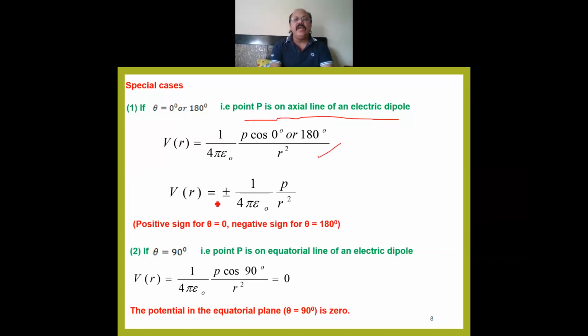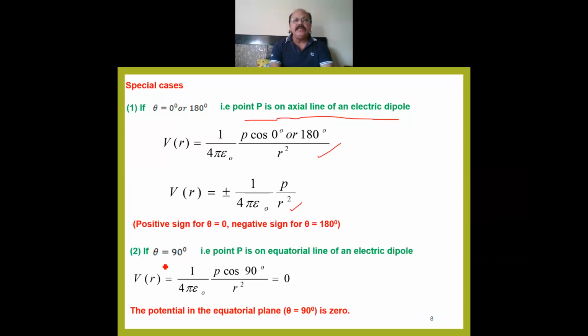Then V(r) equals plus minus 1 upon 4 pi epsilon naught p upon r square, because cos 0 is plus 1 and cos 180 is minus 1. So that's why we are taking plus minus. If theta equals 0, then its value is positive. If theta equals 180 degree, then its value is negative.